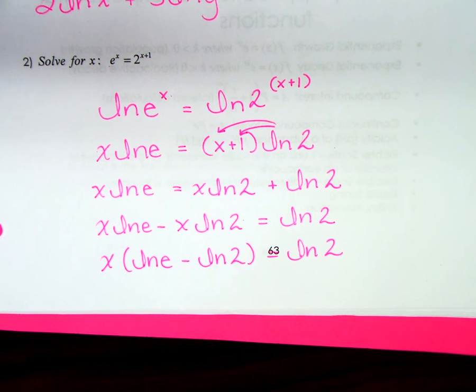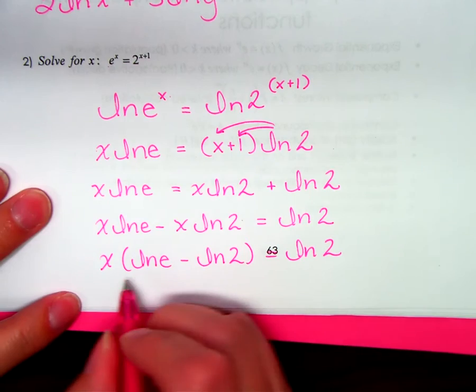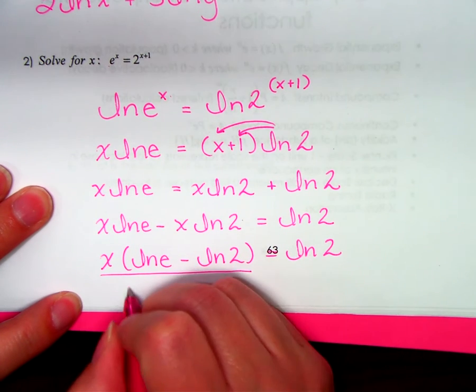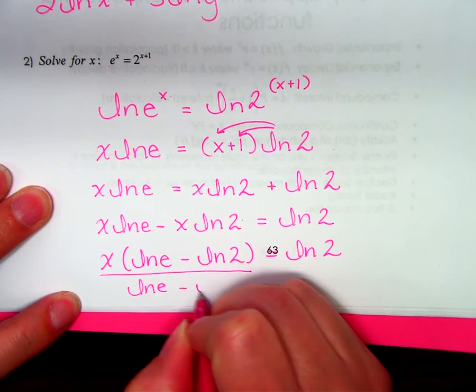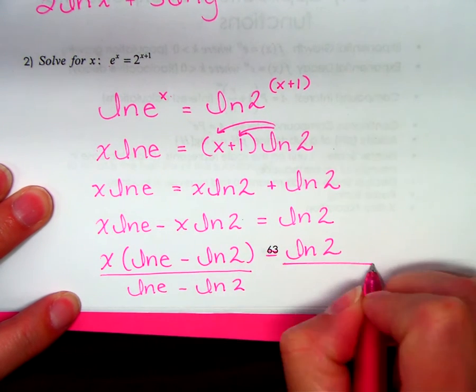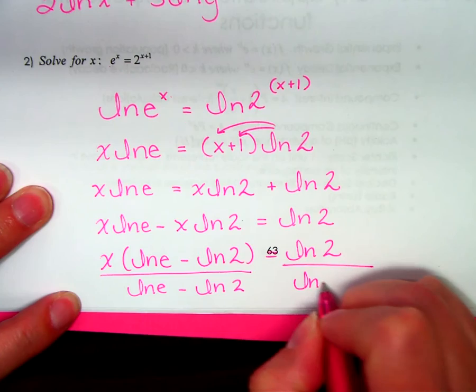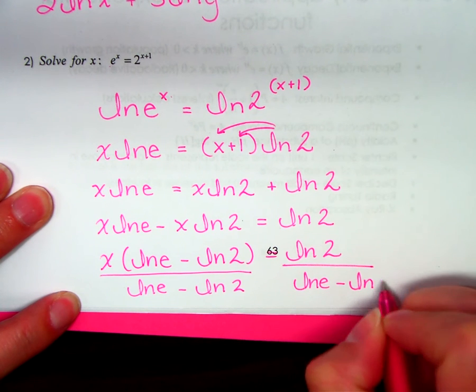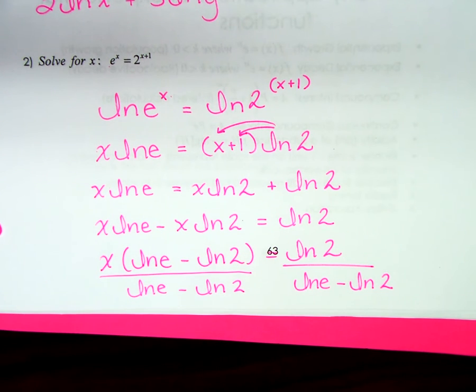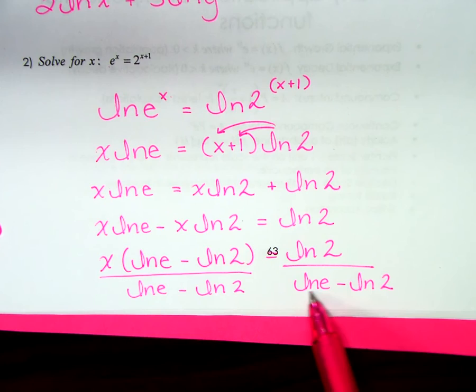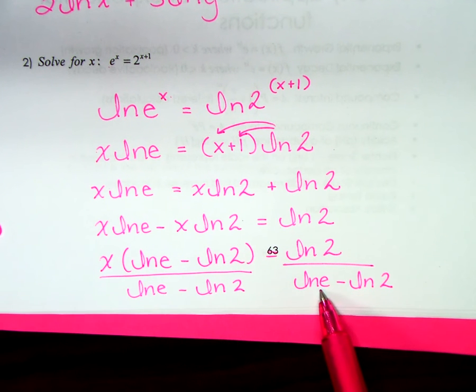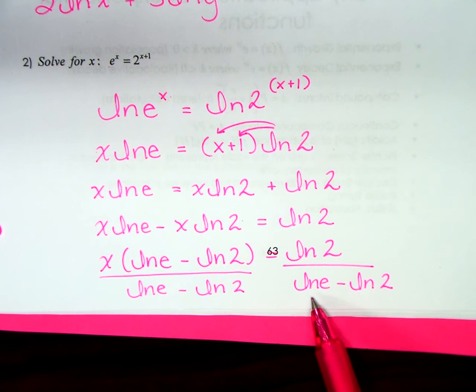Okay, I want to get x by itself. Divide both sides by that. Okay, so Basil wanted to change this to 1, and he totally could have at any point.